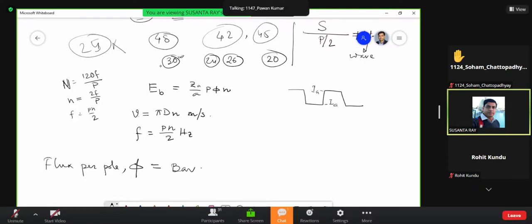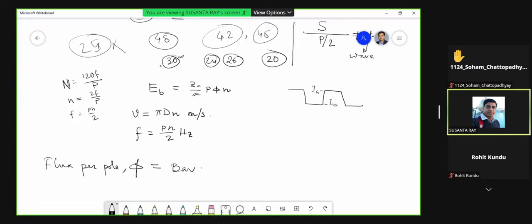No, it's flux per pole, so πDL by P. So this is what? You know, na? This is the τ. Flux per pole will be B into πDL by P. That is, πD by P is the τ, the pole pitch.